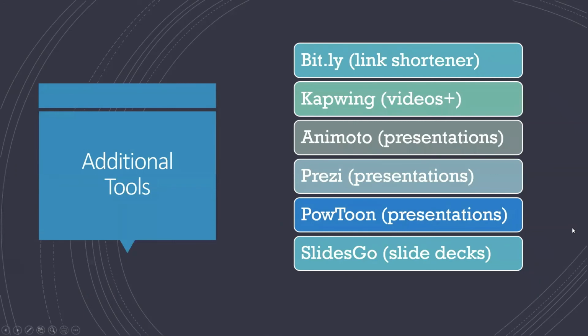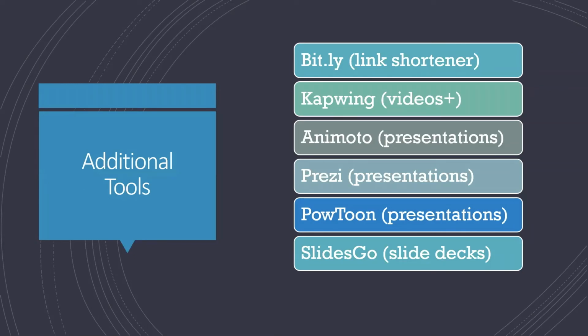And these are just some additional tools. There's Bitly, which is a link shortener, which, like I said in my last video, you're going to want to utilize a lot for Twitter. There's Kapwing, which is free and has a multitude of tools when it comes to photo editing, video editing, audio editing, doing all kinds of different things with whatever media you've got that you're trying to mess with.